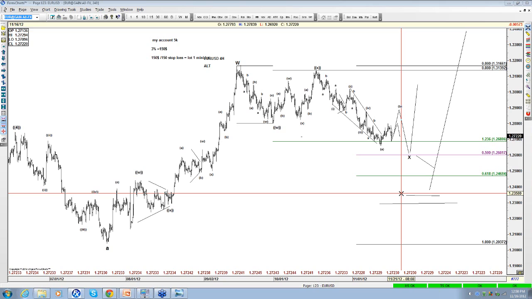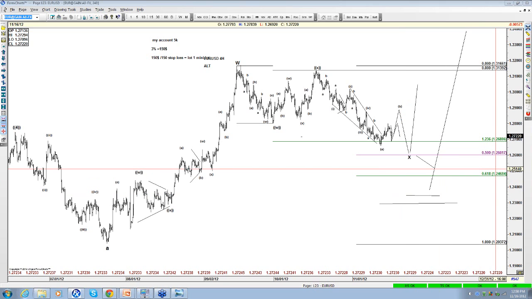Right? Now, the last question that I got is, in a triple zigzag, can the RSI reading pass the RSI reading at the beginning?